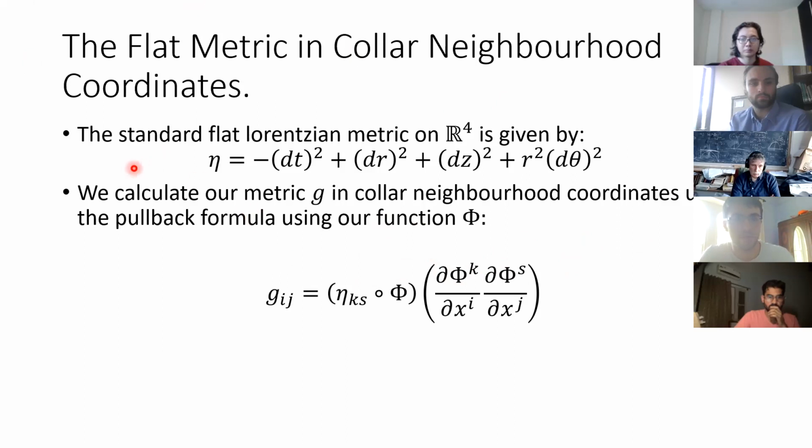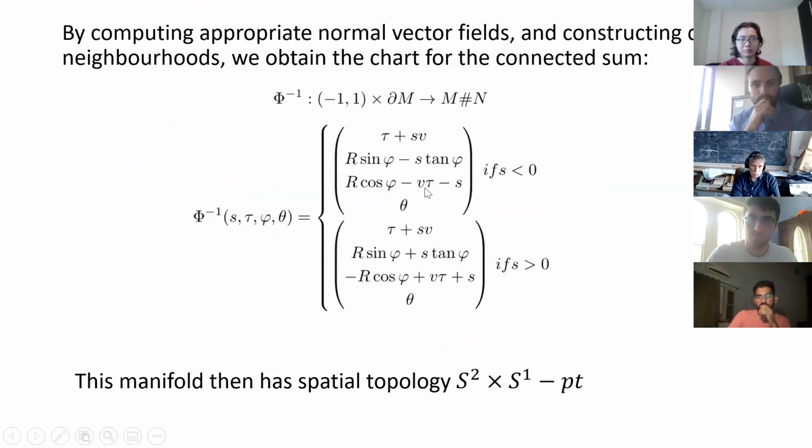The standard flat Lorentzian metric in cylindrical coordinates is given by this. And if we calculate the metric in the collar neighbourhood coordinates using the standard pullback formula for the induced metric, we use this function to compute it. So that's the point of this.